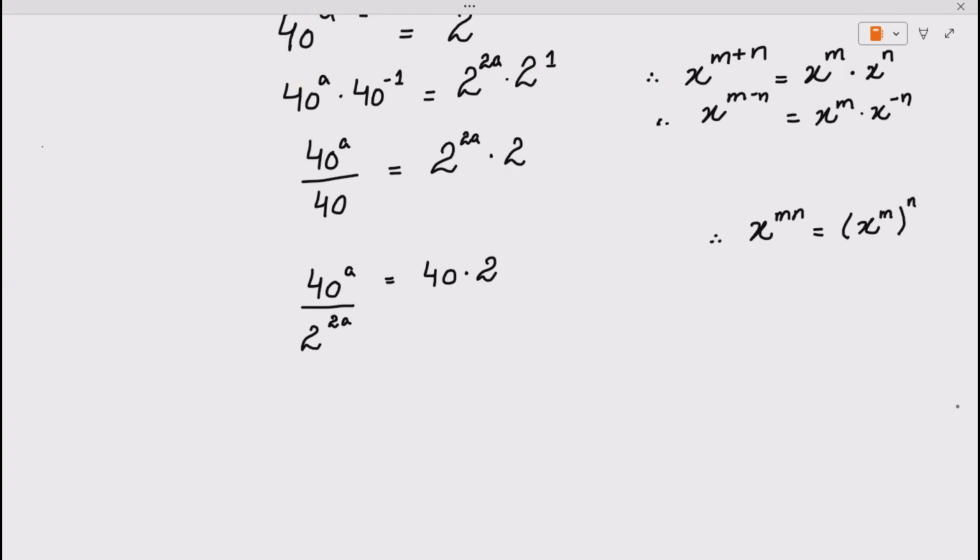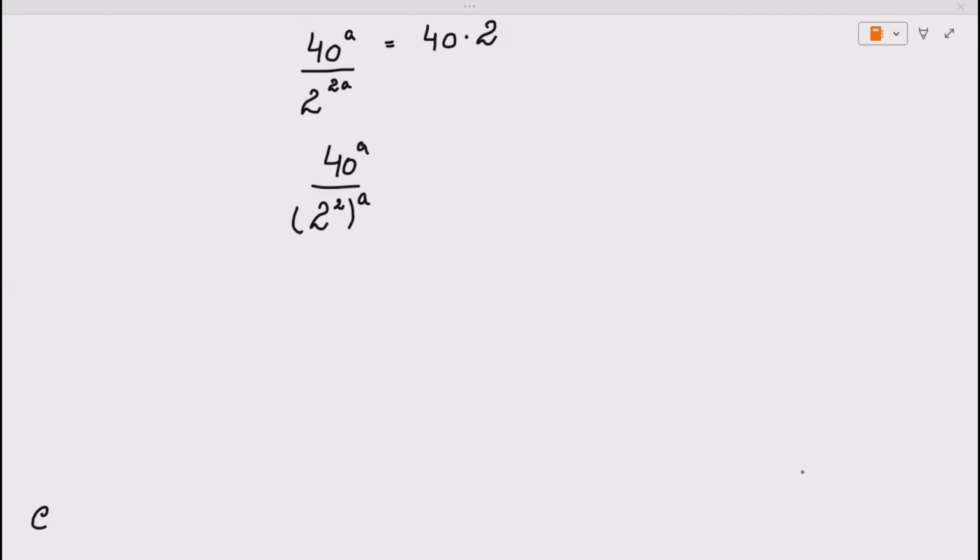So using this identity, I can write the denominator as (2^2)^a. Okay, so on the right hand side we have 80, as 14 into 2 gives us 28. So here we have 14^a, in the denominator we have 4 raised to the power a, equal to 28.